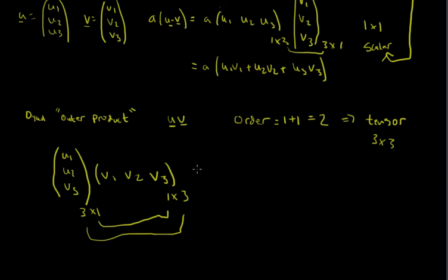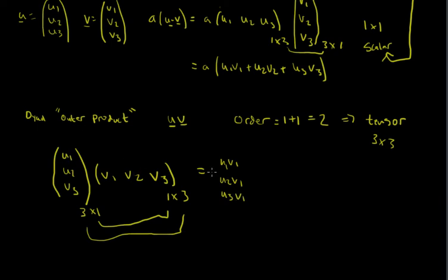If you go ahead and do this product, you take the first column and multiply it by the first row of this matrix. So I'm going to have a u1, v1. Then I take the first column and multiply it by the second row, so I have a u2, v1. First column, third row, u3, v1.